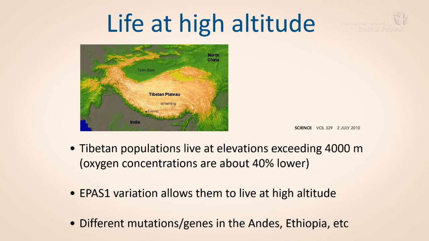There are several mutations, including in the gene EPAS1, that allow Tibetan populations, in contrast with Han Chinese populations that live in the lowlands, to live at high altitude. And different independent mutations in different genes have been found in populations of Native Americans and also in Ethiopians living at high altitude, allowing these populations to live in such extreme conditions.